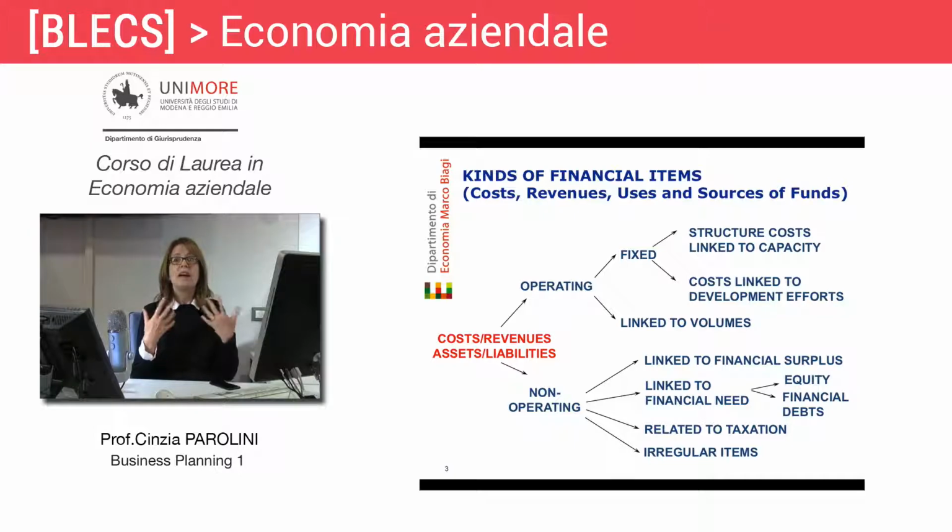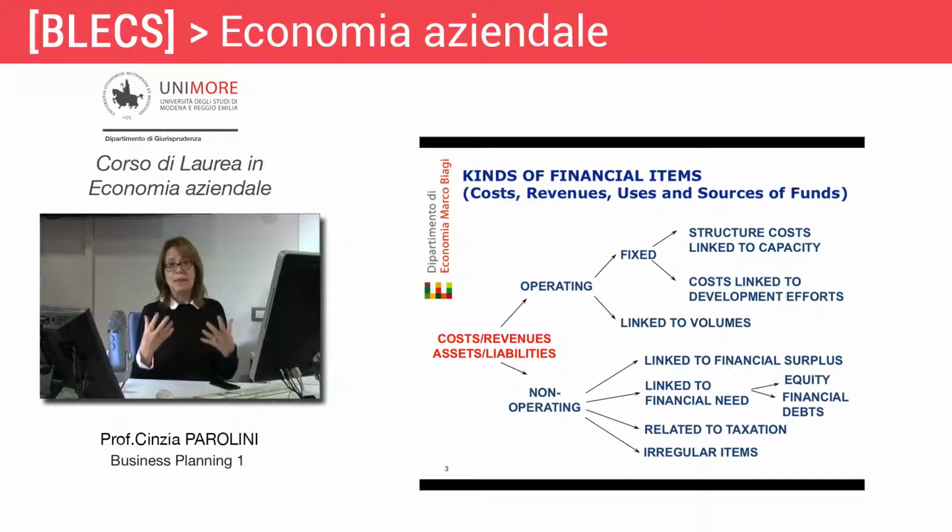So we have a financial need. So we have some items in our balance sheet linked to financial needs. This financial need can be covered with equity or financial debt. So these are two liabilities linked to the financial need.